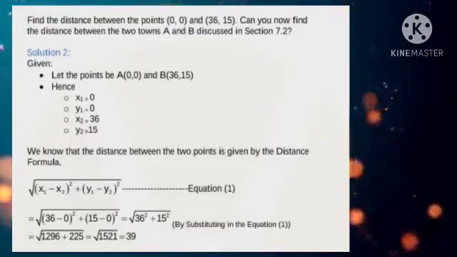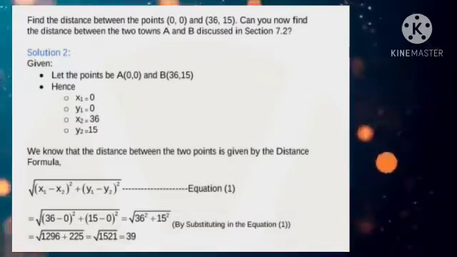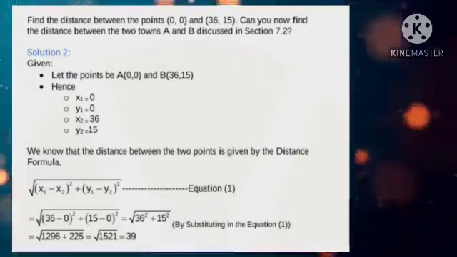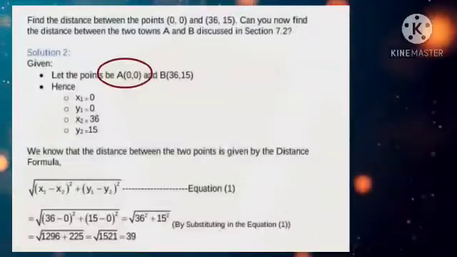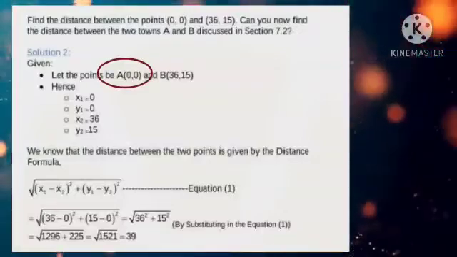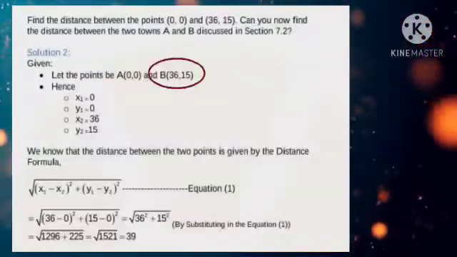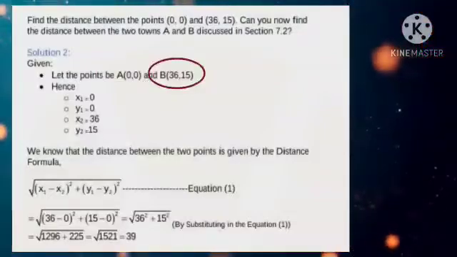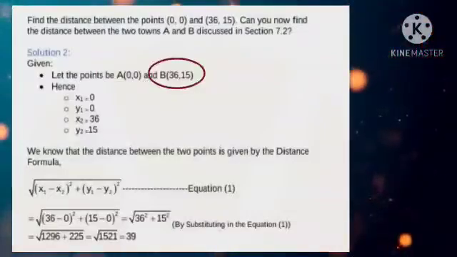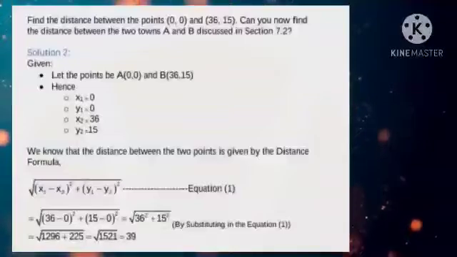Let one of the points be the origin with coordinates 0 and 0. So x1 and y1 are both zeros, and the coordinates of the other point are 36 and 15. So we can say that the value of x2 is 36 and the value of y2 is 15.